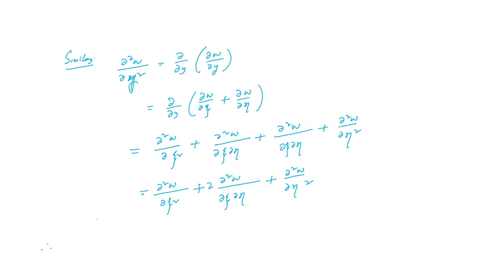So therefore the equation 1 transformed to x square del 2 omega del xi square minus 2x square del 2 omega del xi del eta plus x square del 2 omega del eta square.